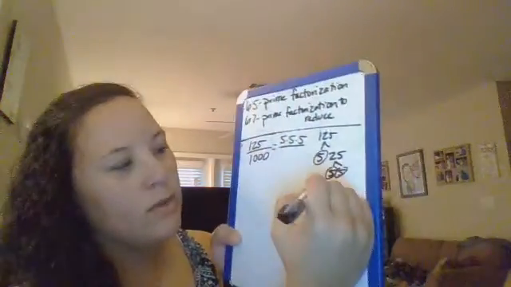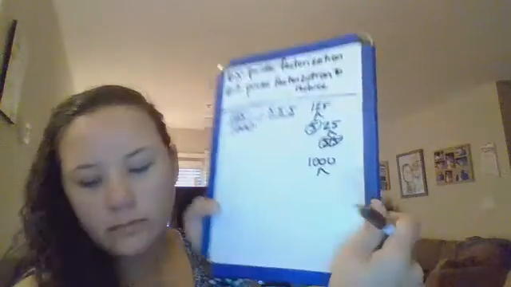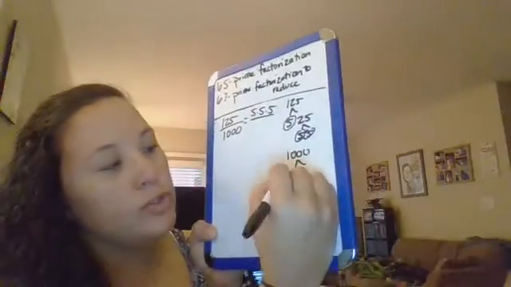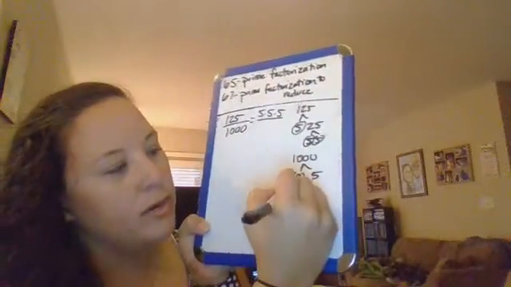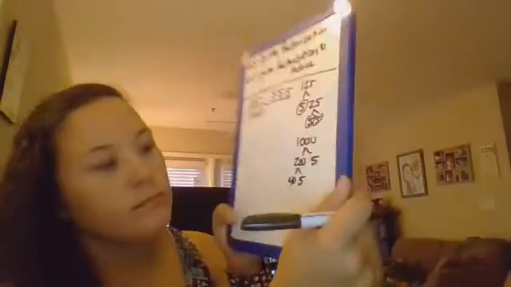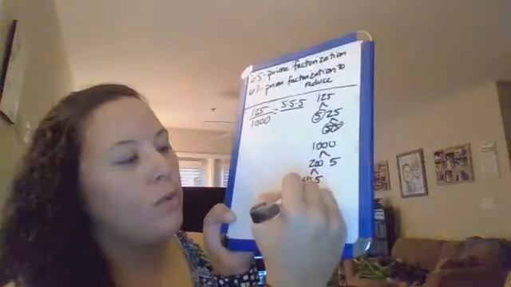And then now we need 1,000. So I'm going to use 200 times 5. And then 200 divides into 40 times 5. And then 40 is 8 times 5.